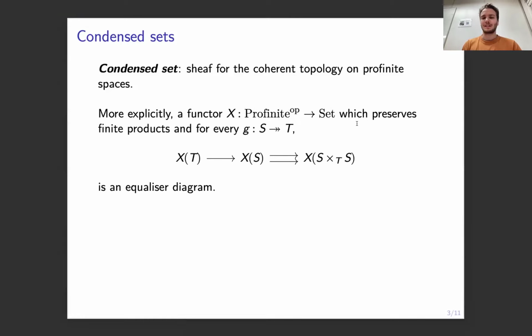What it really means is that it takes finite disjoint unions of profinite sets to the corresponding product. And for a surjection of profinite sets, this induced diagram is an equalizer diagram. We call this the equalizer condition.